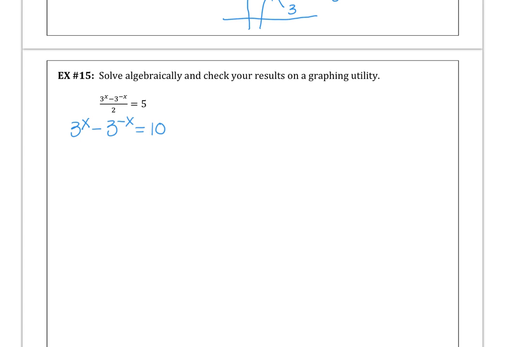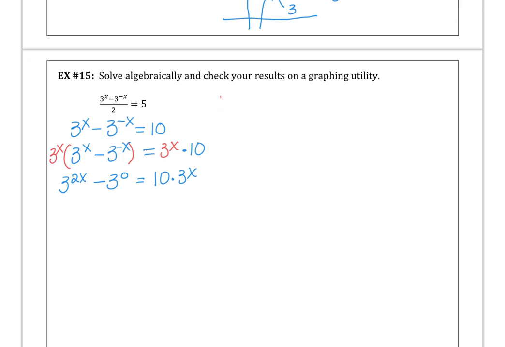If I multiply the left and the right by 3 to the x, I can create that quadratic. So 3 to the 2x minus 3 to the 0 equals 10 times 3 to the x.